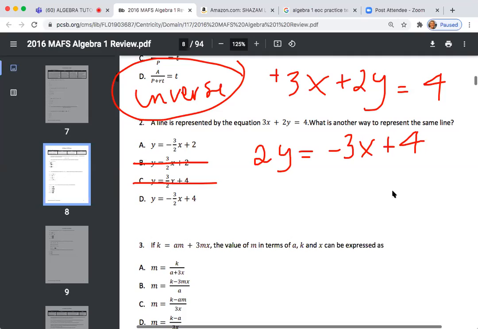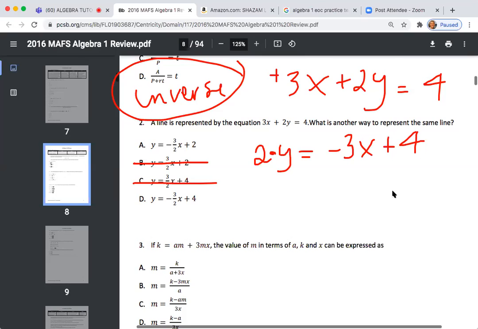So now we want to isolate y. The 2 is preventing us from isolating the y. So what are we going to do with the 2? We want to keep the y where it's at. We want to get rid of the 2. Well, the 2 is multiplying y.